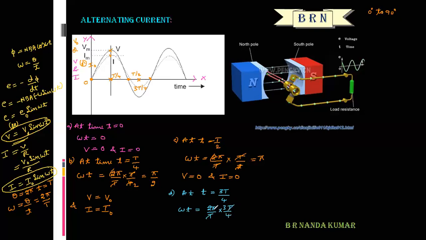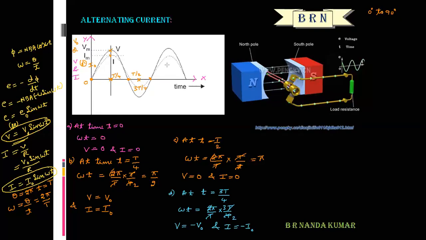So T gets cancelled, 1 by 2 and 3 by 2, so 3 pi by 2 radian, that is 270 degree. So sine 270 degree is minus 1. So the voltage induced is minus V naught and the current induced is minus I naught.